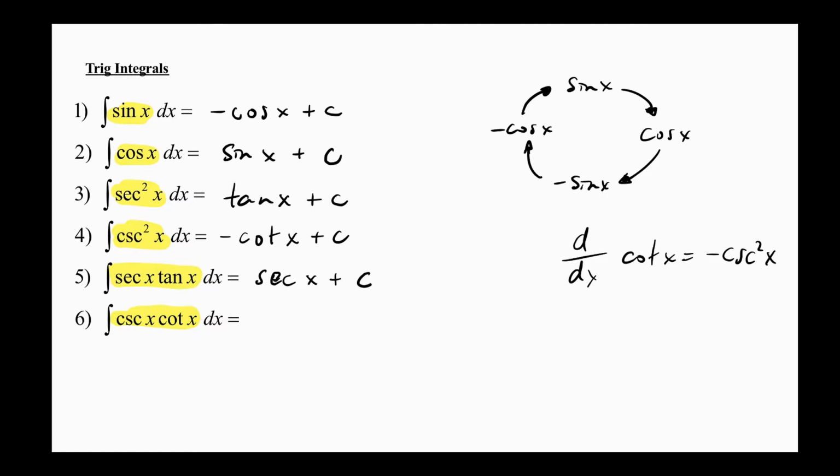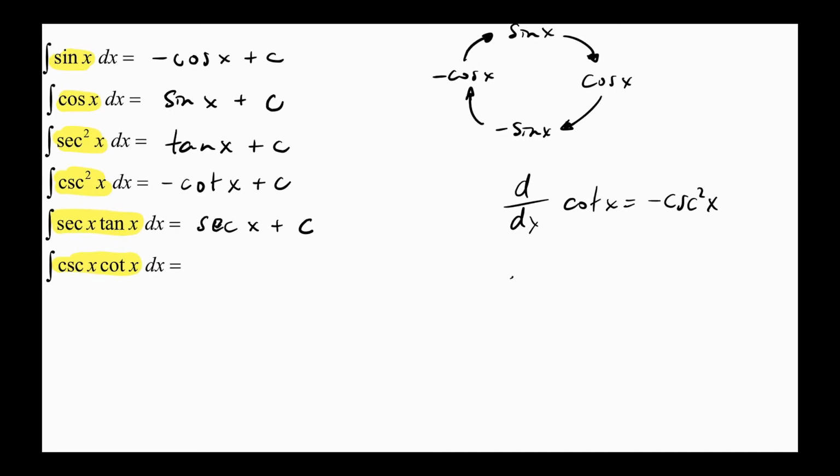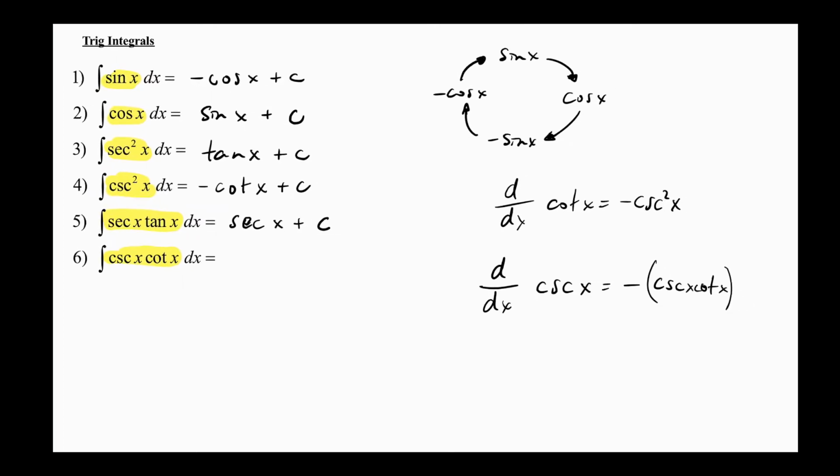Cosecant, yeah. But again, this one has a little caveat, because the derivative of cosecant was negative cosecant cotangent. So we just have to include a negative like we did for number 1 and number 4.